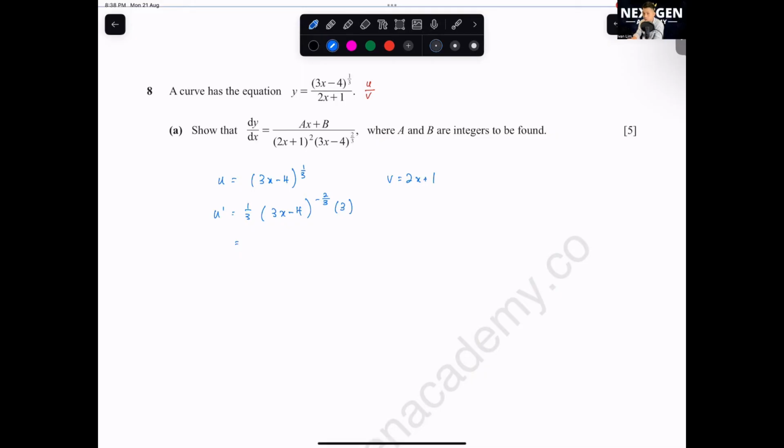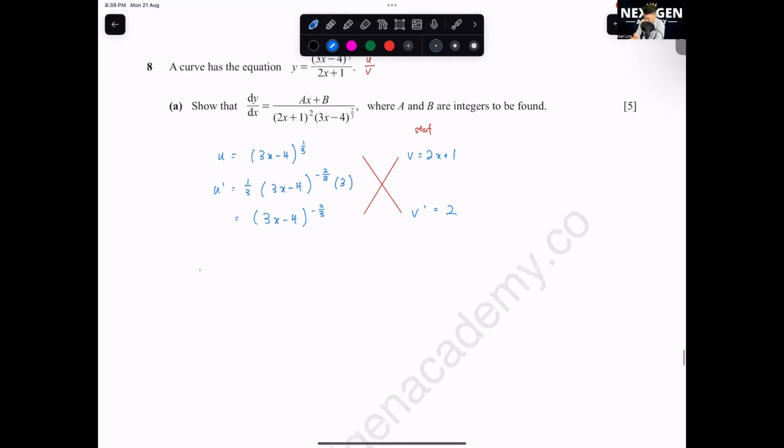Can we simplify it? This will become 3x minus 4 power negative 2 over 3. V prime will be equal to 2. So here, we put a cross like that. We're going to start from V, where we do quotient, is VU prime minus UV prime.